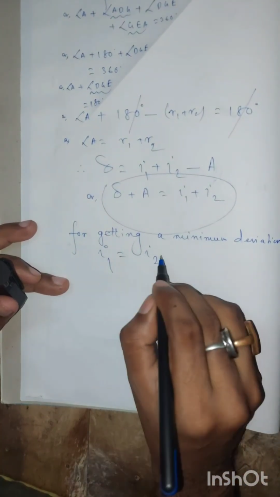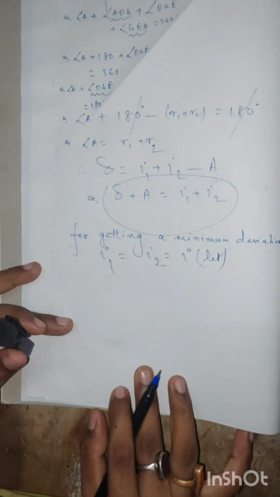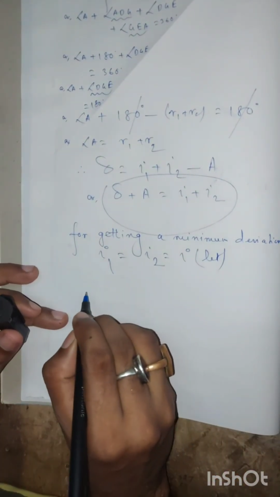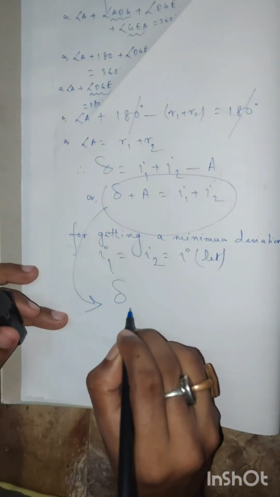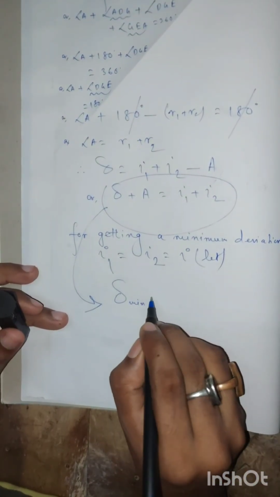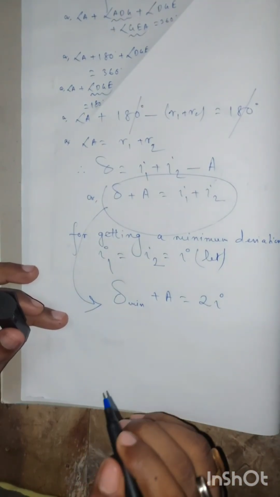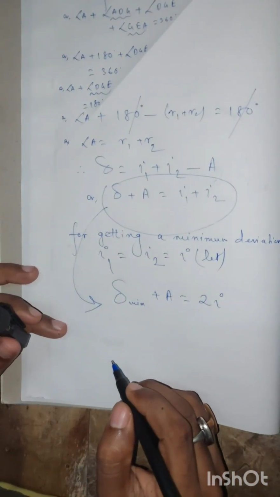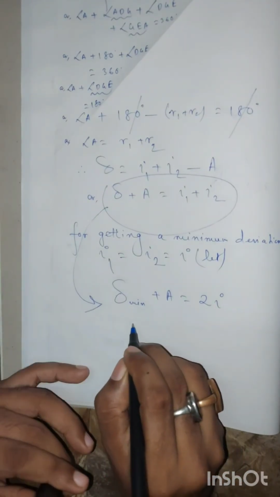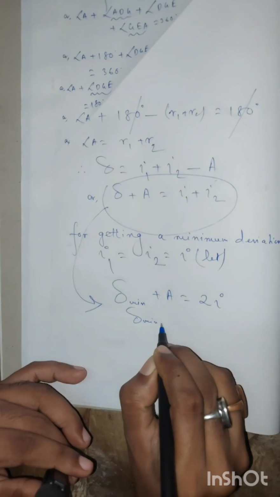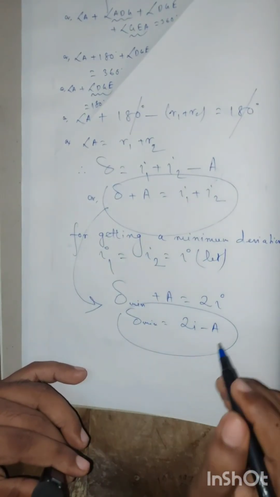Let us write it I. So this expression becomes delta minimum plus A is equal to 2I, or we can write delta min is equal to 2I minus A. This is another form.